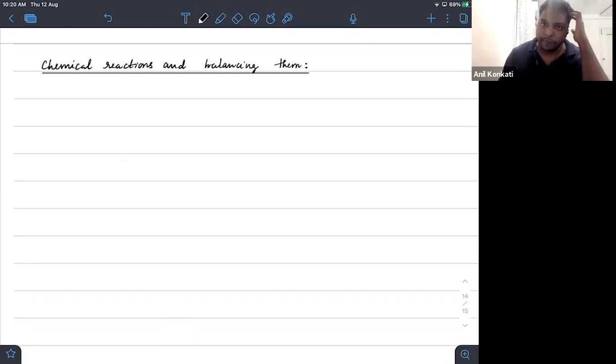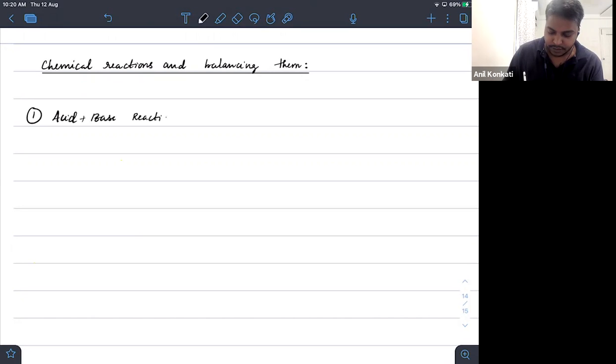So let us see what are the types of reactions we have and how do we balance them. The first type of reaction which you will see is an acid-base reaction, also known as neutralization reaction.